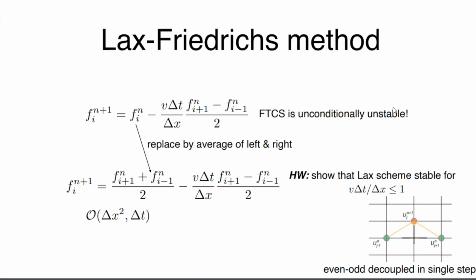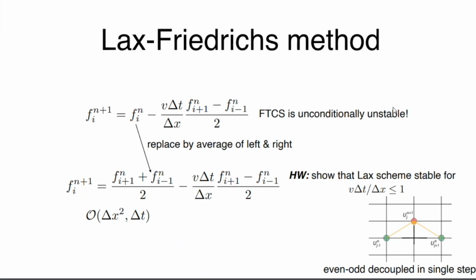If you look at the Taylor series expansion, this is a second order accurate approximation for F_i^n because it's a centered average. So this new expression, which is the Lax-Friedrichs scheme, has this form, and this is the stencil.